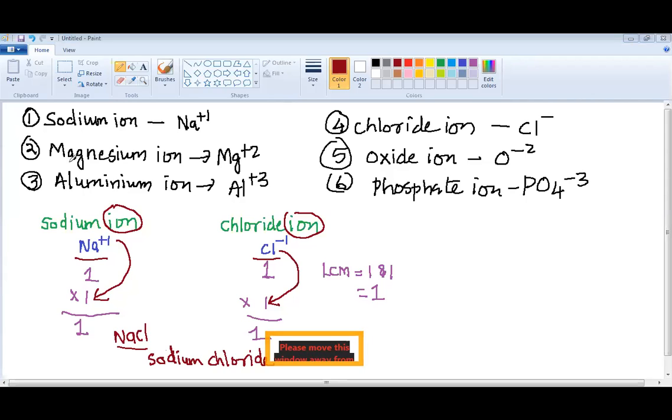Now let's look at another and the last example for today's class. Let's have a look at the magnesium and phosphate ion. So let's first write their names. First we are going to write magnesium ion. Then, my dear students, we are going to write phosphate ion.